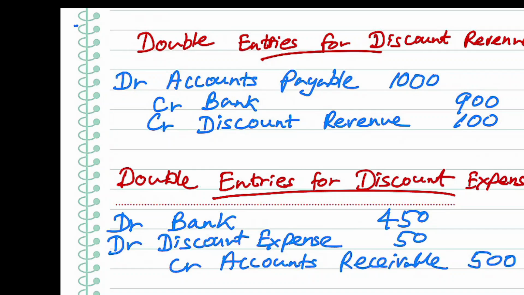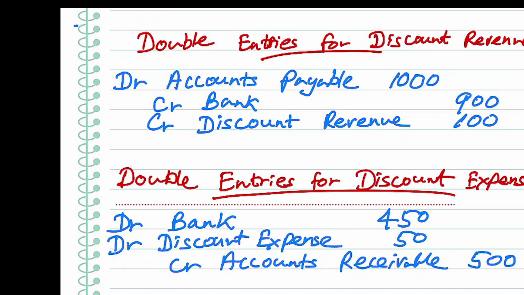And then on the other hand, discount revenue, same thing, right? The opposite. Discount revenue, what is the definition? Increases in assets or decreases in liabilities. So in this case, we can say accounts payable decreases.